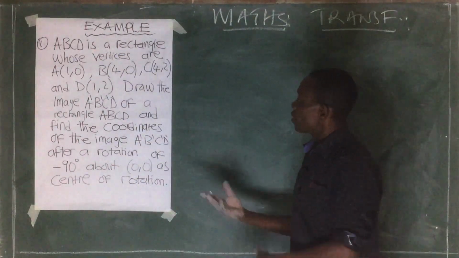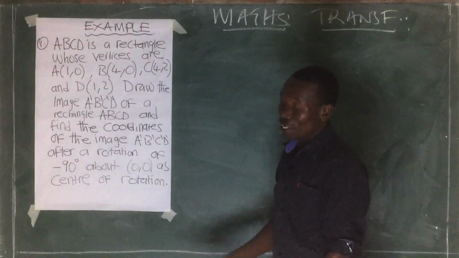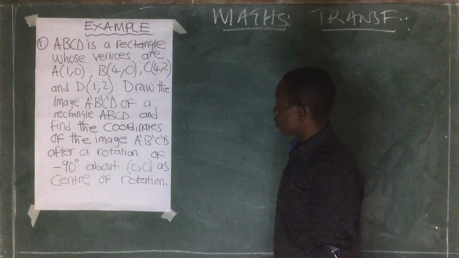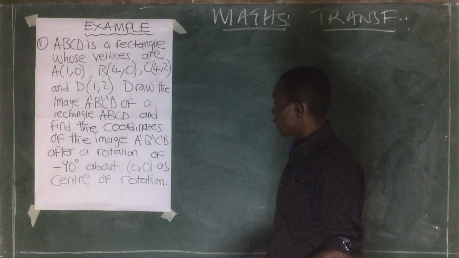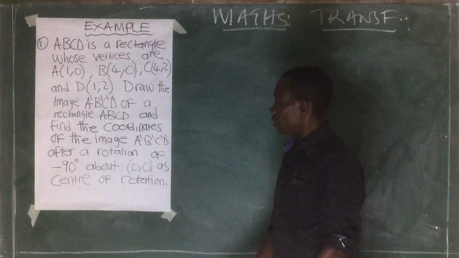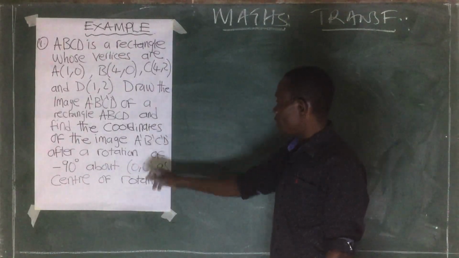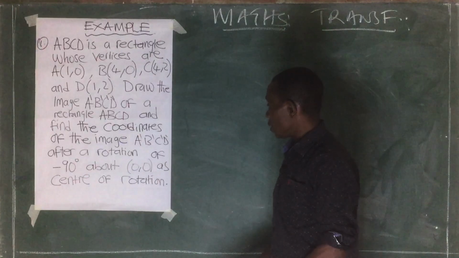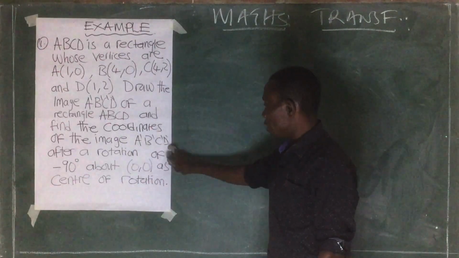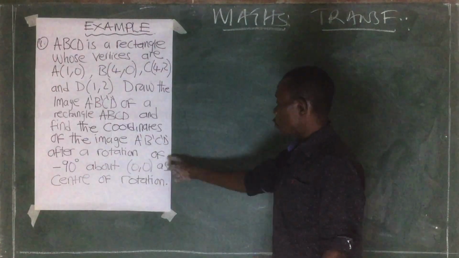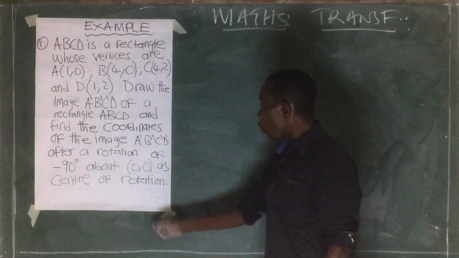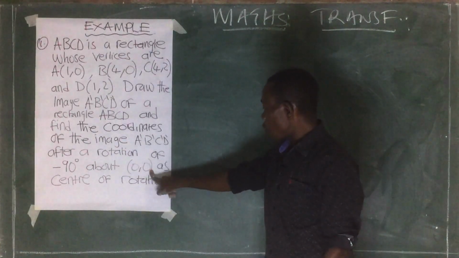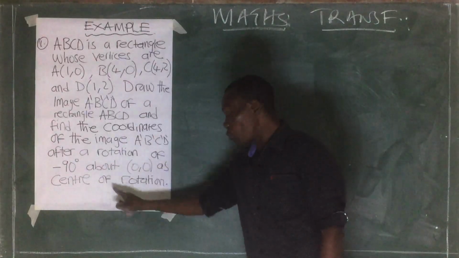In this case, this rectangle is a figure and is regarded as an object already. So we draw the rectangle ABCD, and then we are asked to find the coordinates of the image A', B', C', and D' after a rotation of negative 90 degrees about O, the point of origin, as the center of rotation.